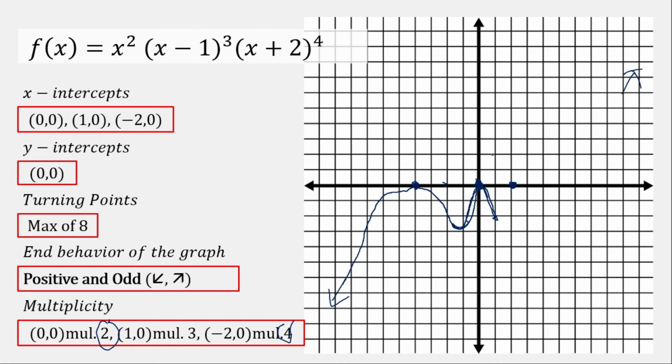Now, 1 has a multiplicity of 3. For a multiplicity of 3, we need to flatten it and not use a straight line. So as you can see, comparing multiplicity of 4 to multiplicity of 2, the 4 is wider and flatter at the x-axis compared to 2. So this is the rough graph of this polynomial function.